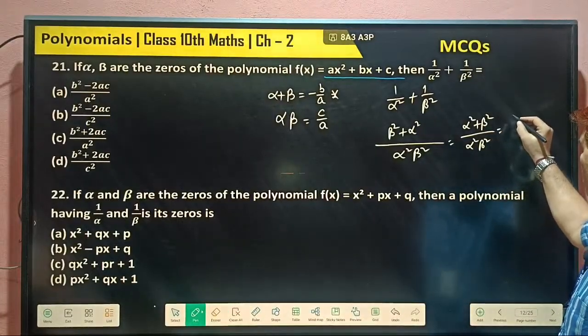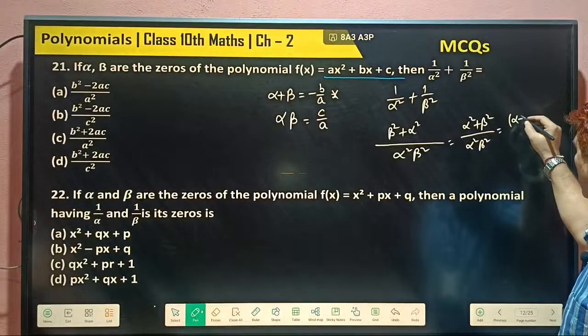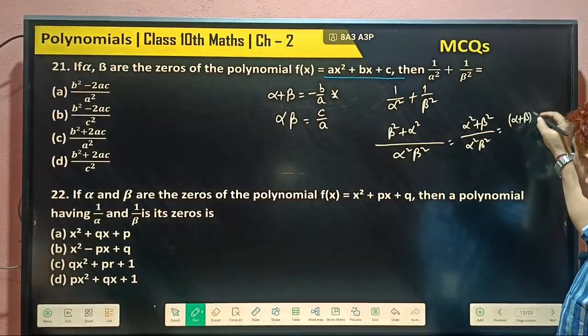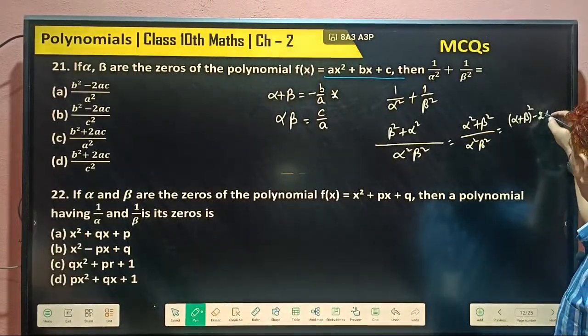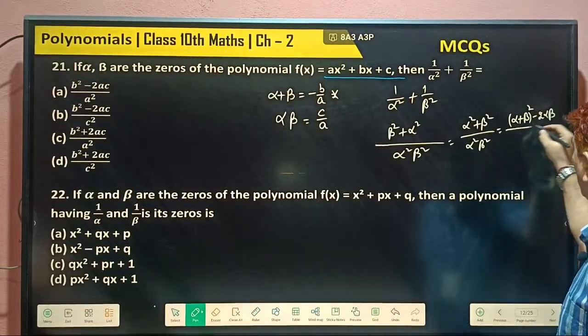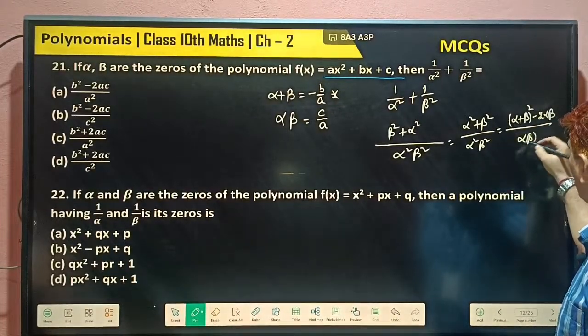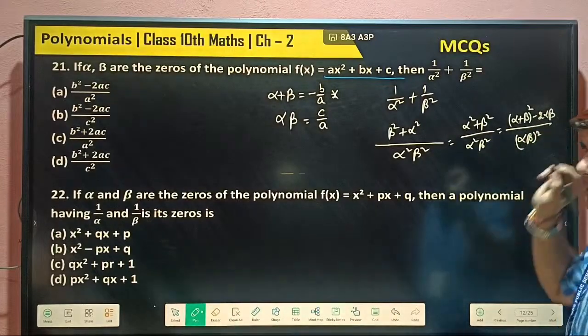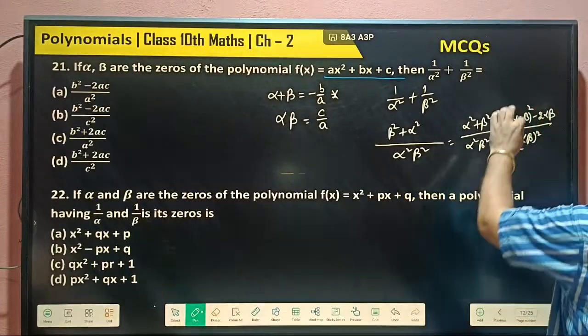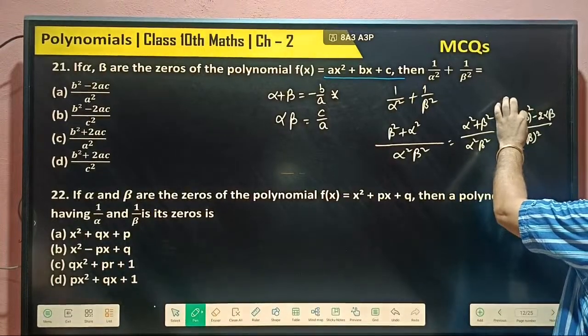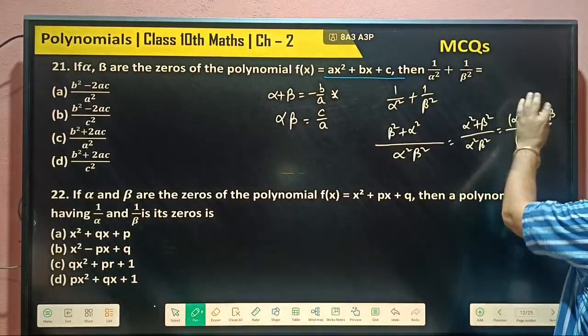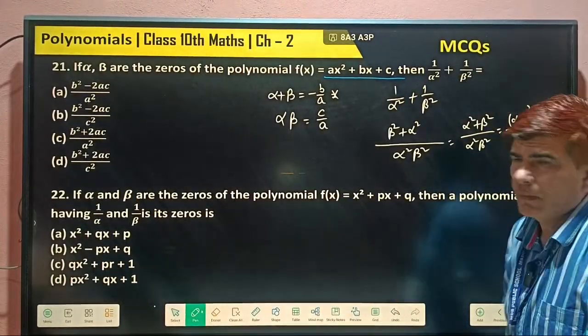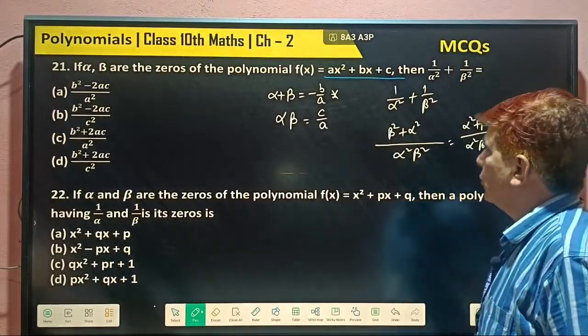And this we can write alpha plus beta whole square minus 2 alpha beta by alpha beta whole square. Alpha square beta square plus 2 alpha beta, the 2 alpha beta cancel by this same. Understood? Now you can solve.